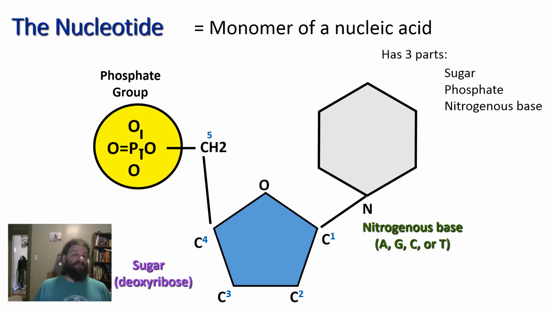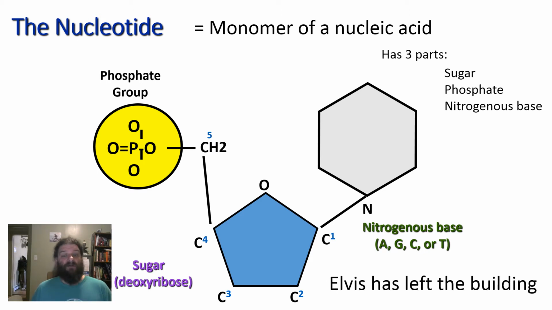Now, what this means is that a lot of each monomer is absolutely the same as the next one. The only difference then is the nitrogenous base. And just like in our letters, there are certainly characteristics that are all the same amongst these letters. They are all kind of flat on one end. They're all lined up.